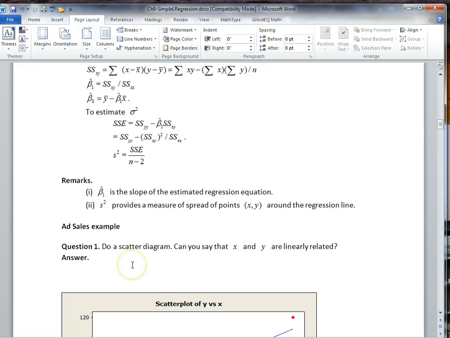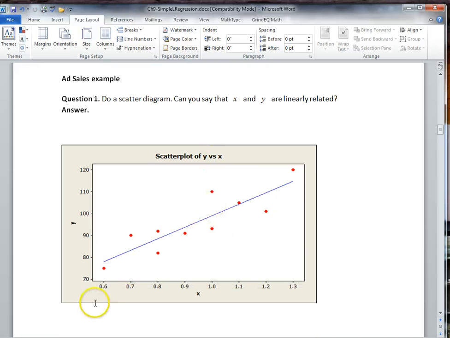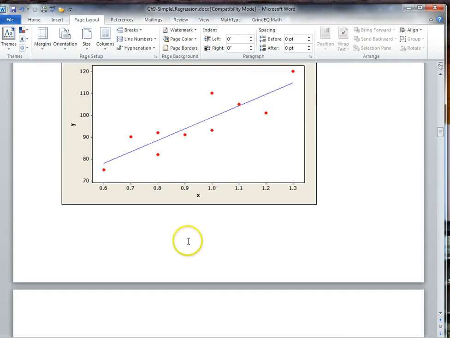So the first question usually in a problem like this, once you have the data, is do a scatter diagram. Can you say that x and y look linearly related? And so if you look at this, you draw all these red dots, and yeah, there's an upward linear trend in this case that we can fit to the straight line.